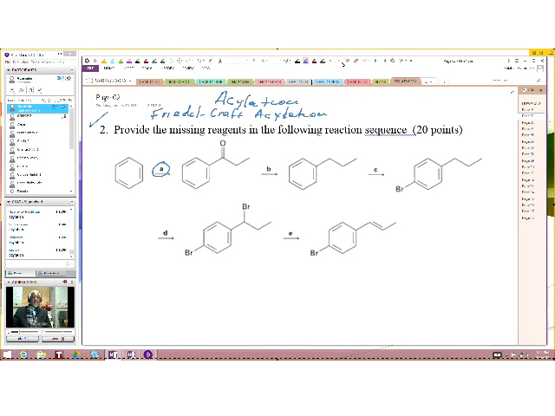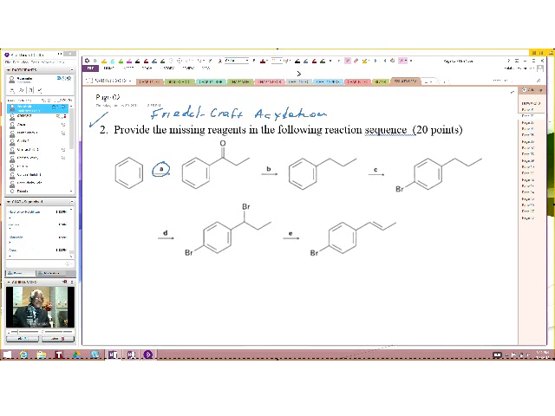Okay, so that is good. Friedel-Crafts acylation. Therefore, what reagent do you need for this particular Friedel-Crafts acylation? How many carbon atoms in that reagent? Three. Do you need a carbonyl group in there? Yes.